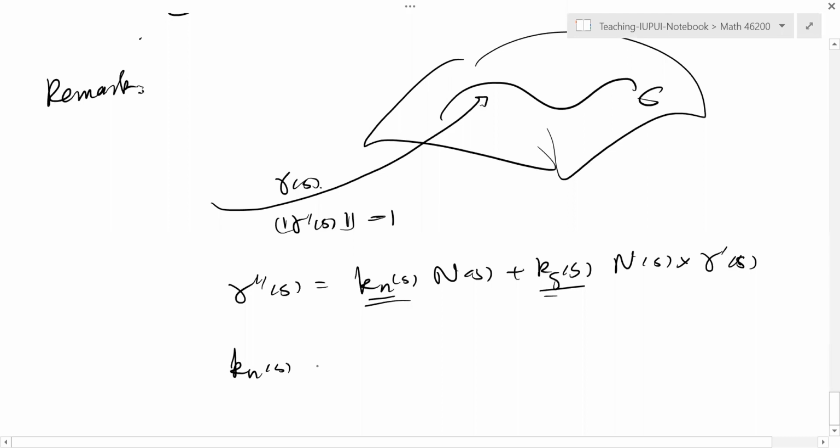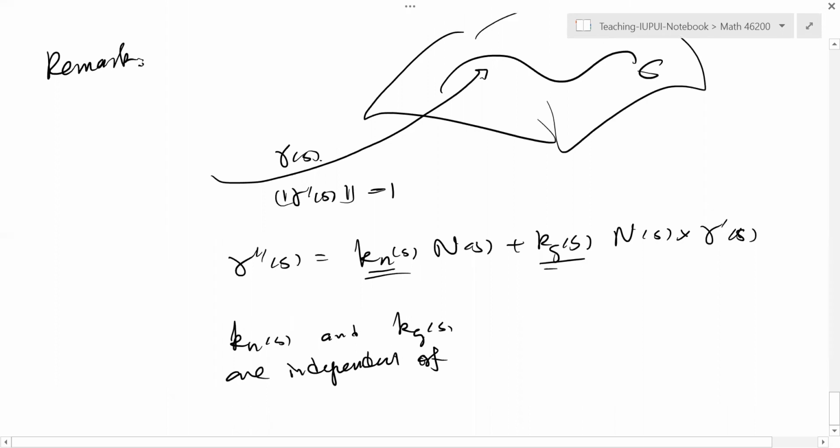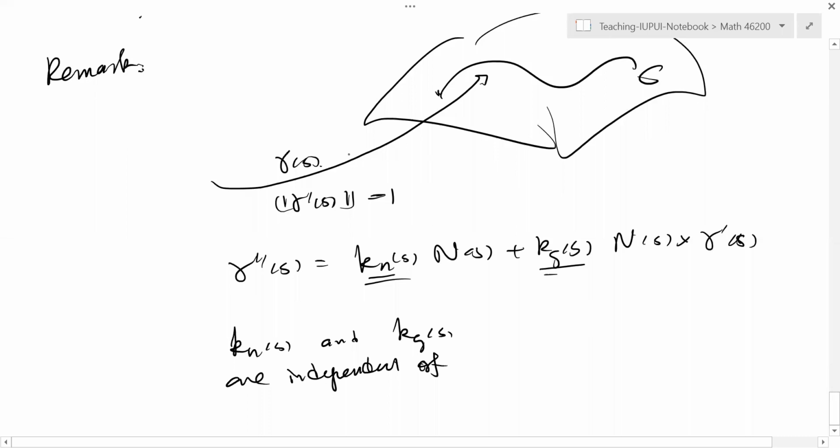So Kn(s) and Kg(s) are independent of the choice of gamma. But actually there are not many choices here, because s is arc length. If we want s to be arc length, the only difference is another gamma, maybe s minus another constant. So gamma(s) is almost unique.